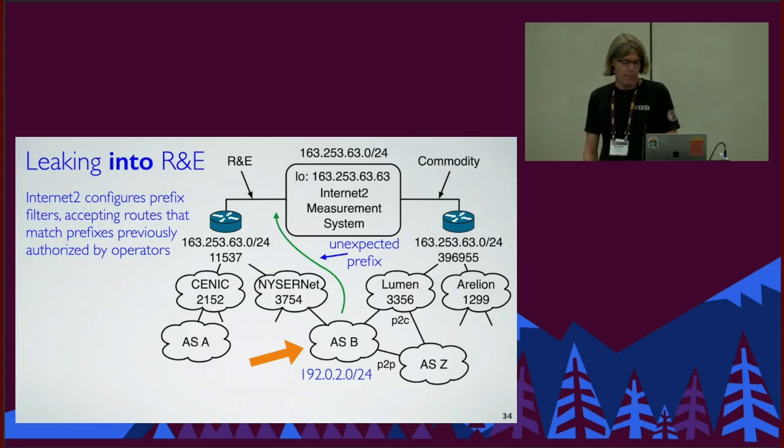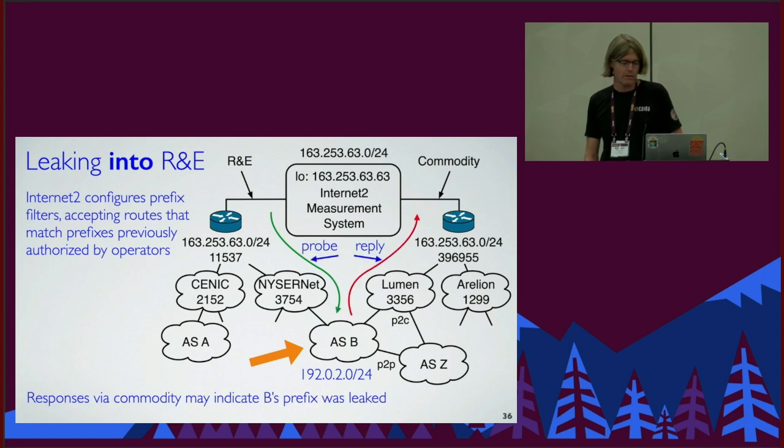So in this case, the prefix AS B is announcing is unexpected. So now we want to know, how is the route coming back to us? We'll send a ping packet to it, and if the reply comes back over commodity, given that we typically expect responses to come back over R&E, then maybe that route has been leaked.